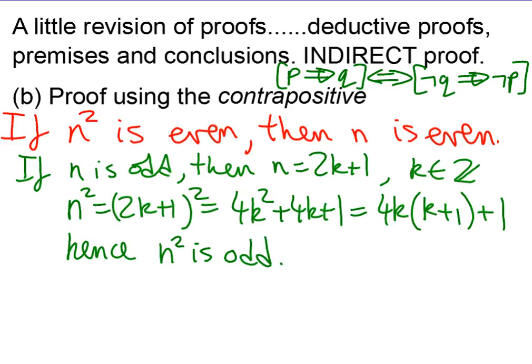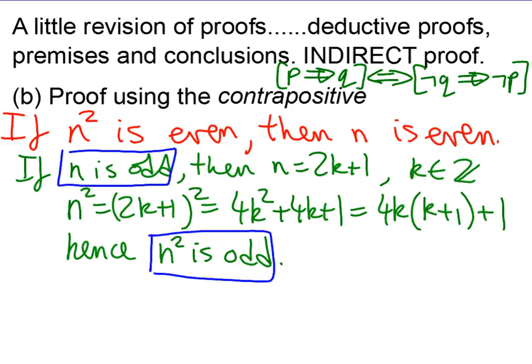So what have we proven? We have proven if n is odd, then n squared is odd. Well, we started with if n squared is even, that's our P, then n is even, that's our Q. That's what we wanted to prove. What have we proven?